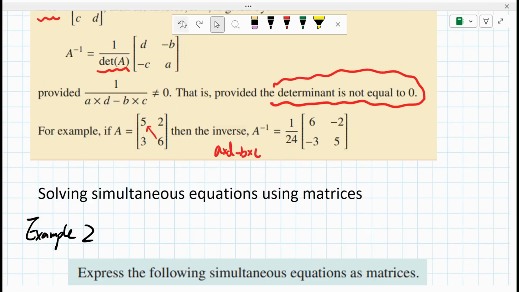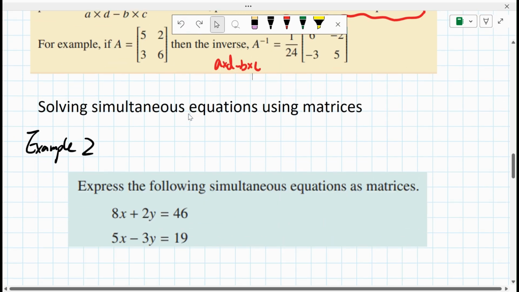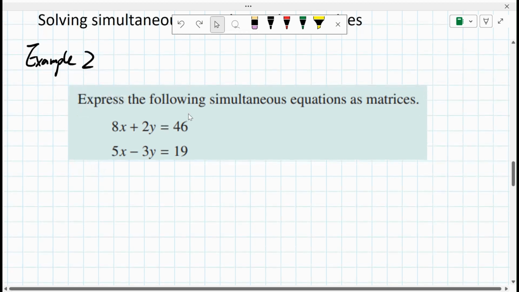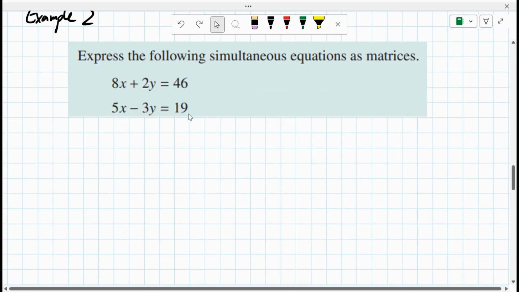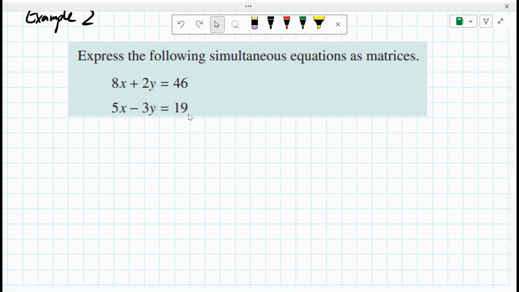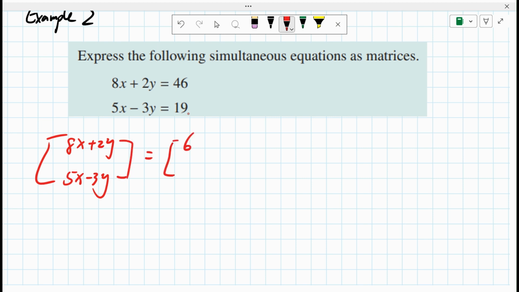Now we're gonna keep going with some example questions. Let's try a simultaneous equation. Say 8x plus 2y equals 46, and 5x minus 3y equals 19. First, write 8x plus 2y and 5x minus 3y equal to 46 and 19.